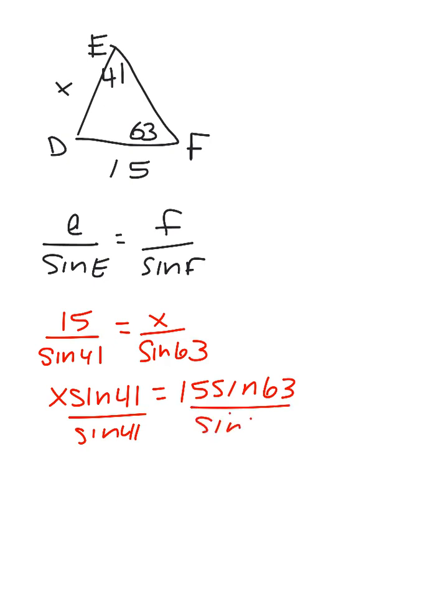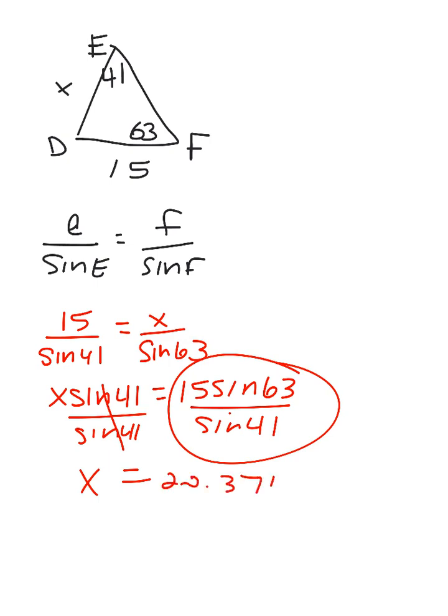Divide both sides by sine 41. Just plug this into the calculator, and we get 20.371. And to the nearest tenth would be 20.4. Okay, so let's take a look at 3B. Okay, 3B, triangle ABC.